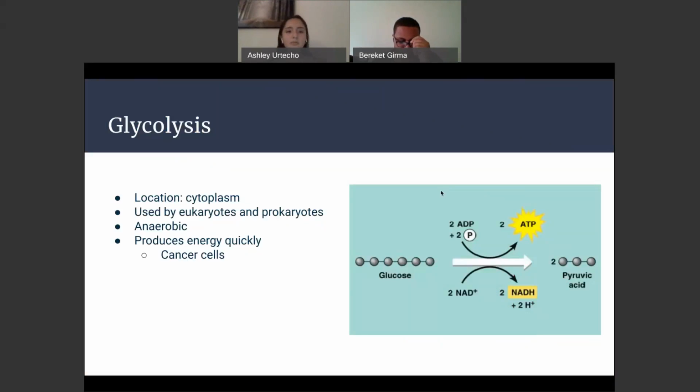So how can we relate cancer cells to glycolysis? Is there something unique about cancer cells? Their replication rate. Yeah, so cancer cells will reproduce very quickly.